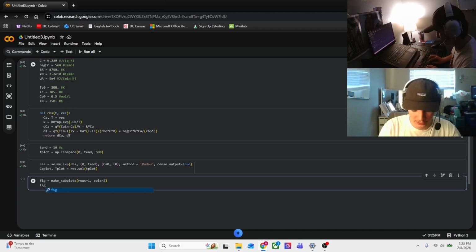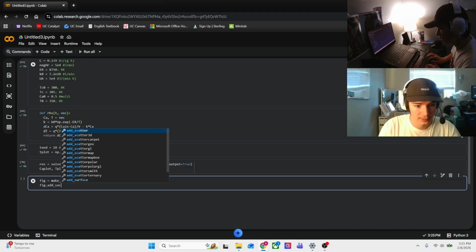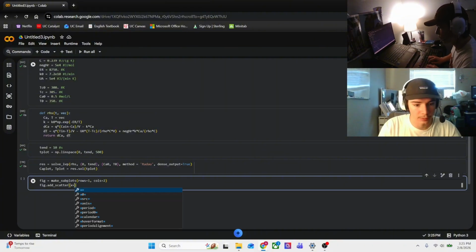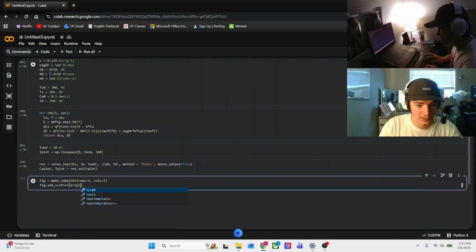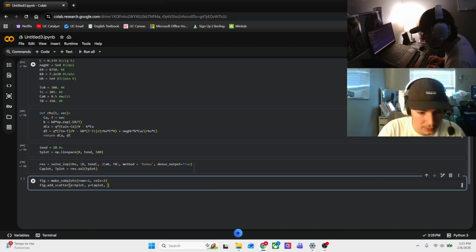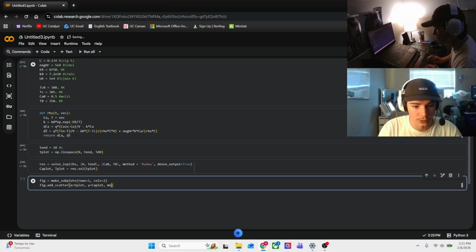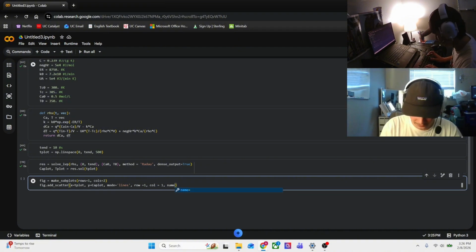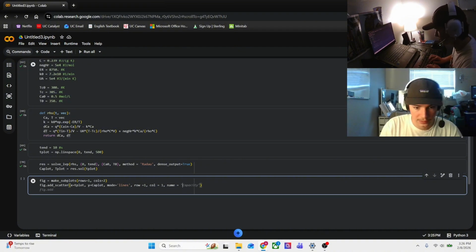To this, we're going to do figure.add_scatter and have our x variable equal our time, so our t_plot, our y is going to be our CA_plot. We're going to do lines as our mode, have our row equals 1, our col equals 1, and we're going to have the name CA.